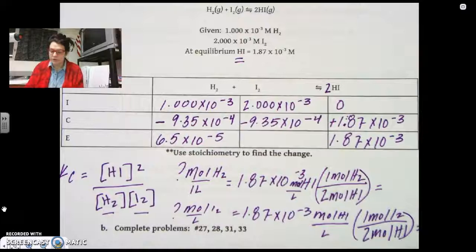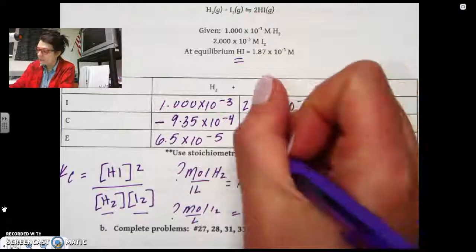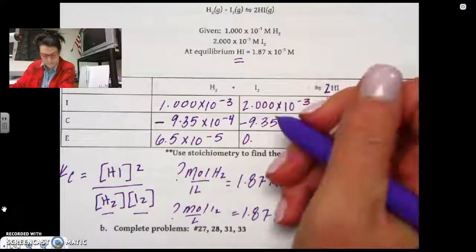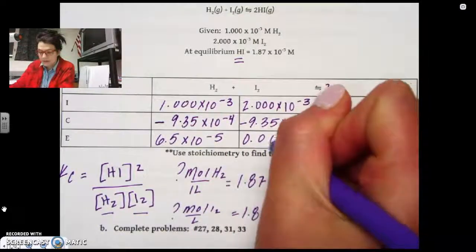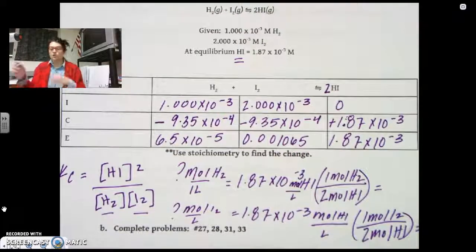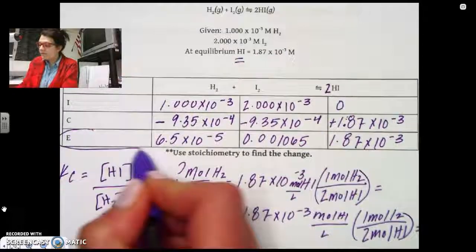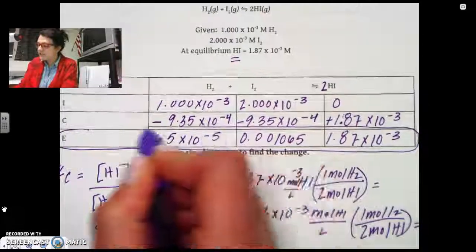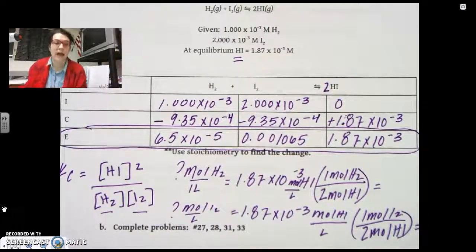Okay? And I'm going to do the same thing. I'm going to do 2 times 10 to the negative third minus the 9.35 times 10 to the negative fourth, and I end up with 0.001065 at equilibrium.